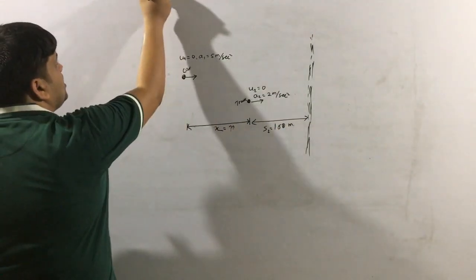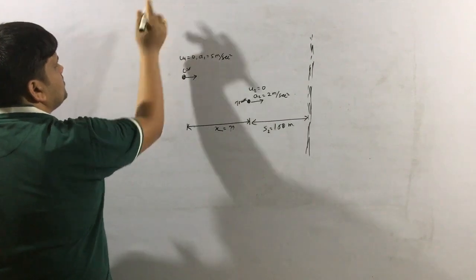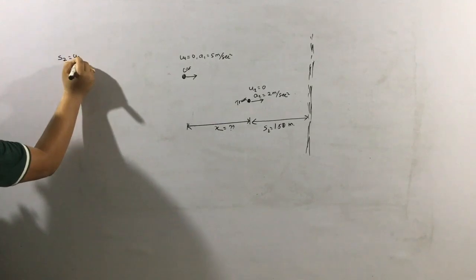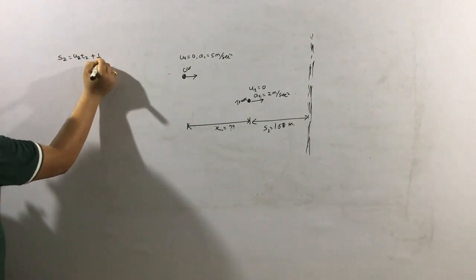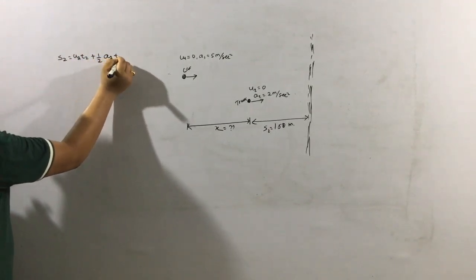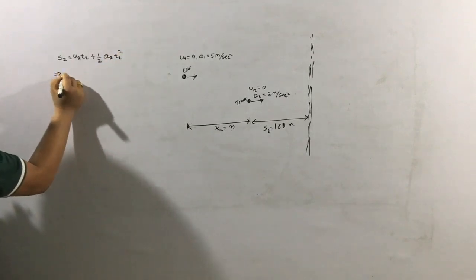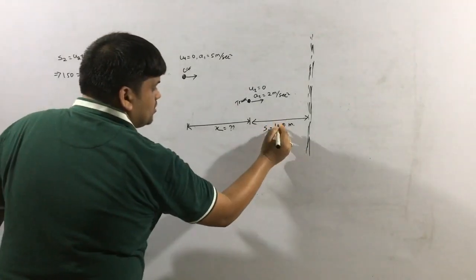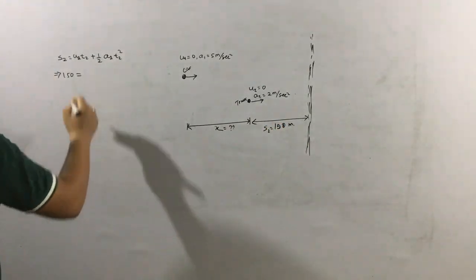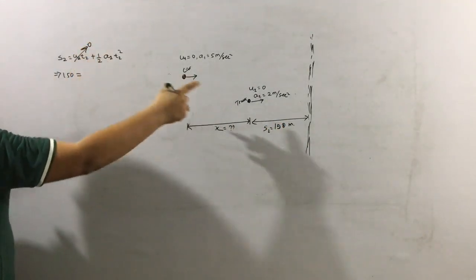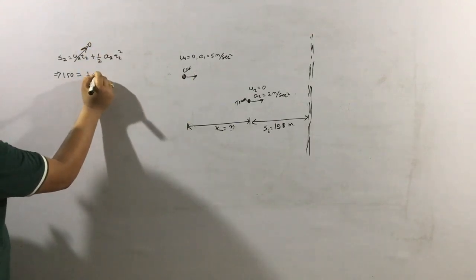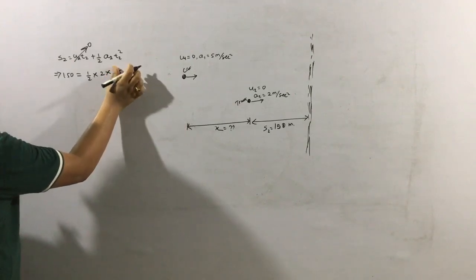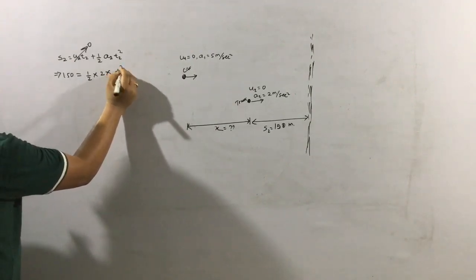So I can write s2 equal to u2 t2 plus half a2 t2 square. If you put the values, it will be 150 equal to, the first part is 0 because u2 is taken as 0, and half into a2, which is 2, into t2 square, where t2 we have to find out.